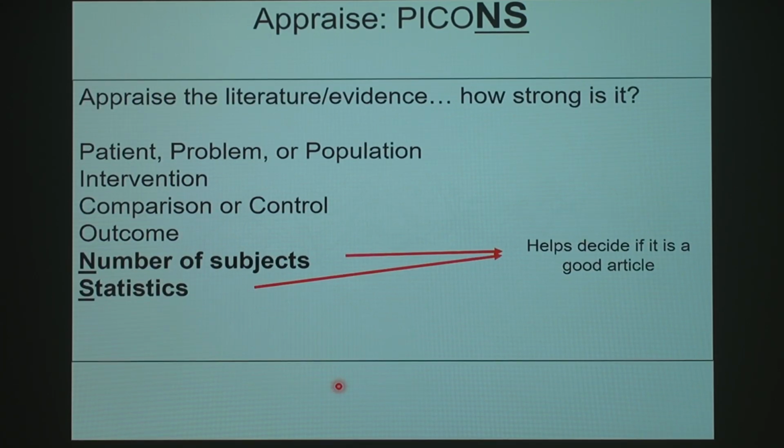But as I mentioned about the systematic reviews and the meta-analyses, also very important when you are assessing your articles is the number of subjects. If you have a small number, that can't be applied to the general population. So the larger the number of subjects, the more diverse the population of subjects, the more applicable to the real world, because that's how we are in the real world.